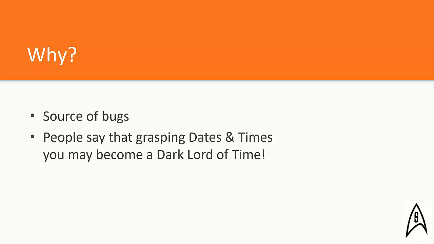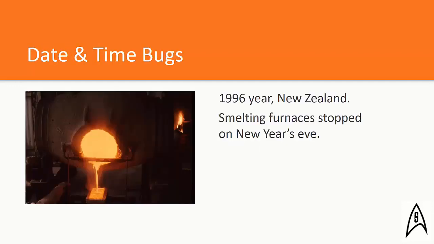Here are just several examples of lost revenues caused by dates and times related bugs. At the end of 1996, the smelting furnaces of a New Zealand manufacturer suddenly stopped working, which was caused by incorrect processing of the 366th day in that leap year.